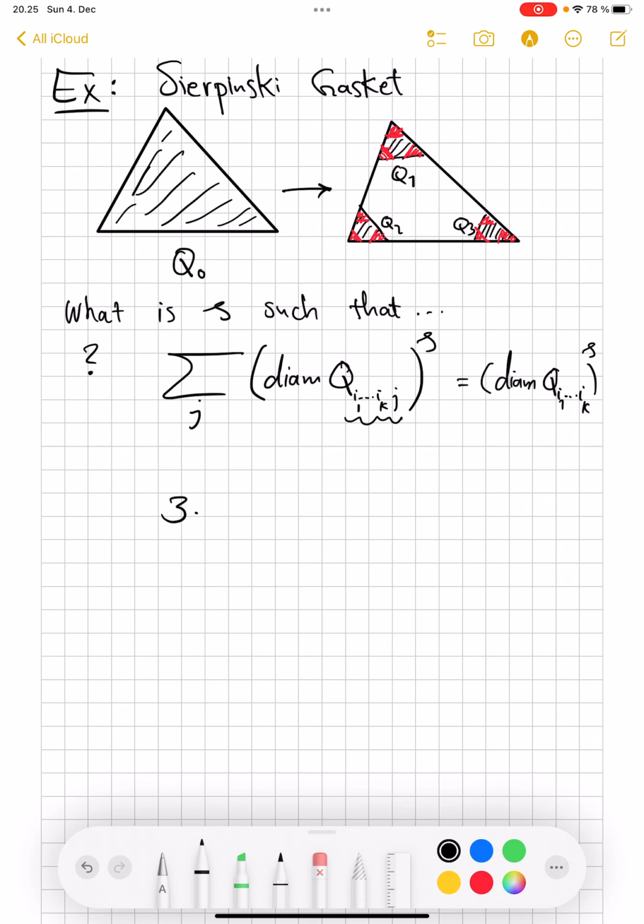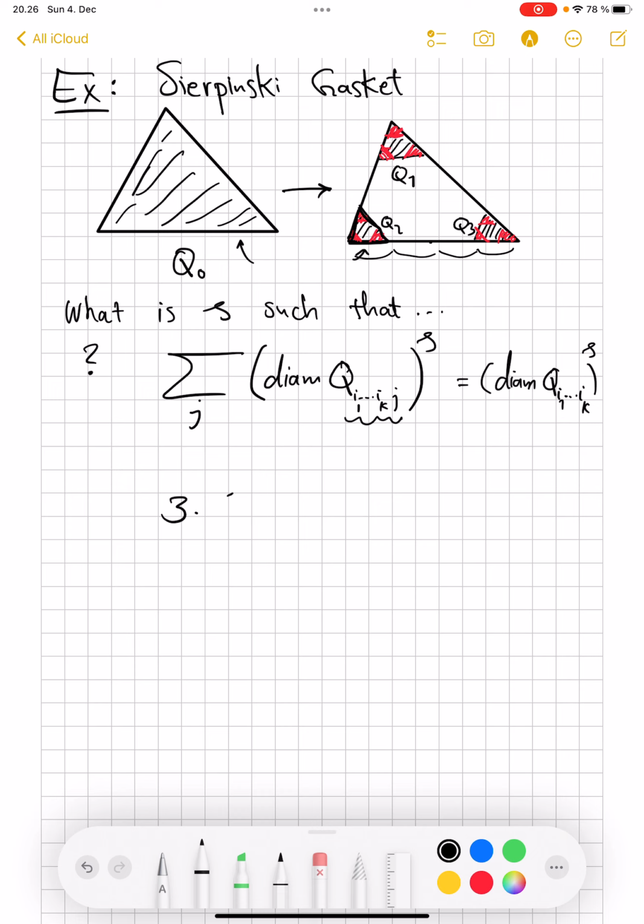And what is the diameter of the next generation compared to the previous one? We can ask, what is the diameter of this one here compared to the diameter of the original one? And the answer is that, this looks like my picture, so 1, 2, 3, 4, it's 1/4 of that one. Let me double check that.